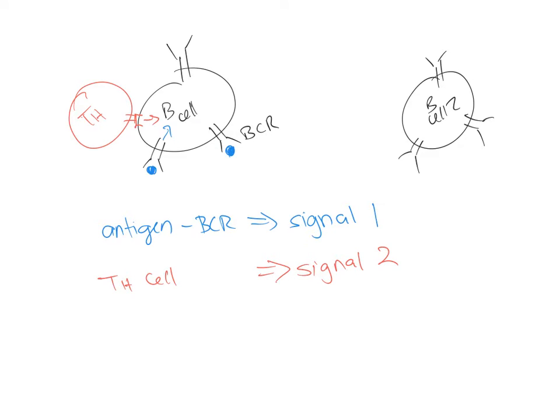What's the second way we could give that second signal? What if there's not enough T cells around? Sometimes you really want those B cells to start making antibodies, but there's just not enough T cells around. What else could happen? Complement, yes.